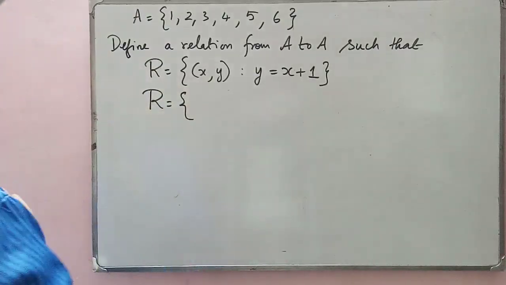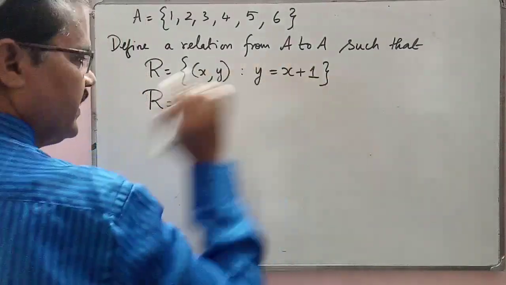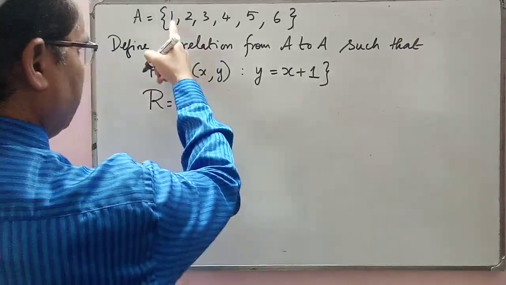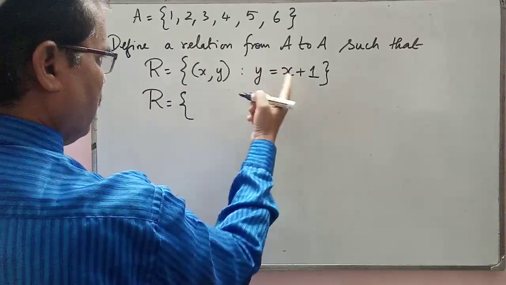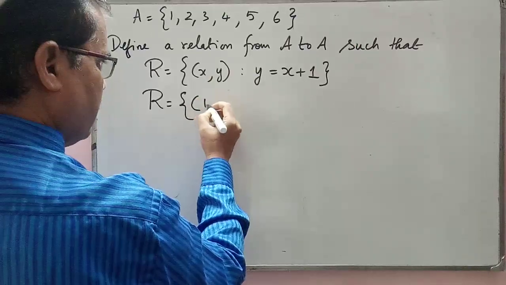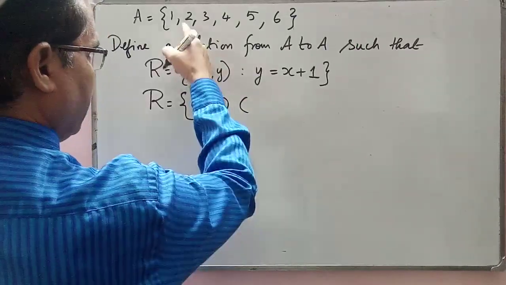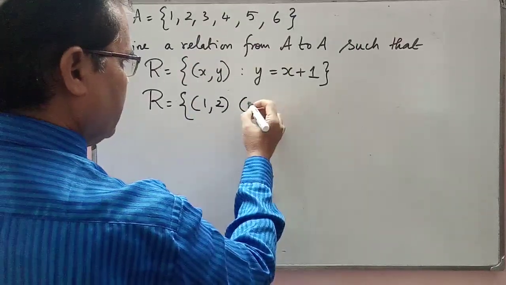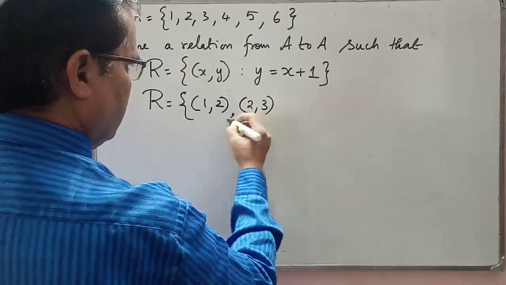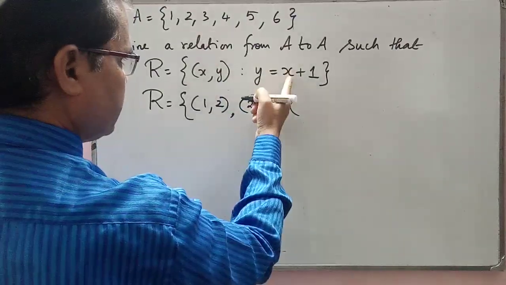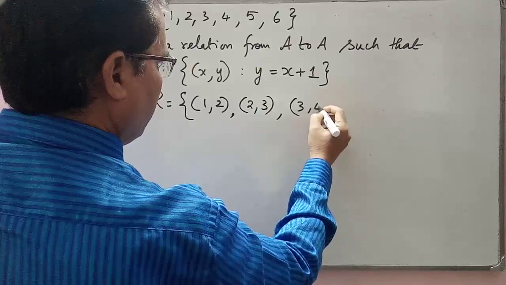Okay, children. Now let us see what are the ordered pairs possible, satisfying this relationship y equals x plus 1. Take the x value, x is 1, what will you get for y? Yes, 2. Take next x, 2 plus 1, 3. Next take the input 3, you'll get 4.